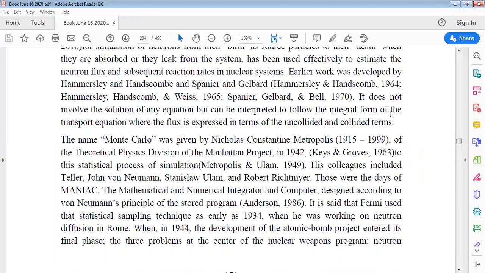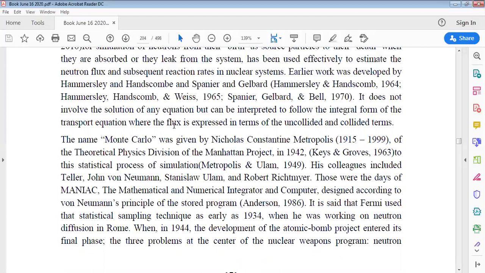So what I would tell you is that the Monte Carlo method that I'm talking about does not involve the solution of any equation, but you can interpret it to follow the integral form of the transport equation, where I took you through a derivation starting from the integro-differential equation. We also considered the method of characteristics, where you convert the PDE into an ODE.